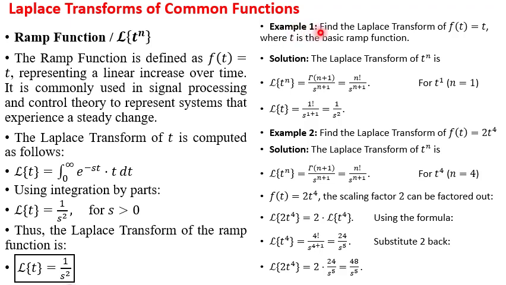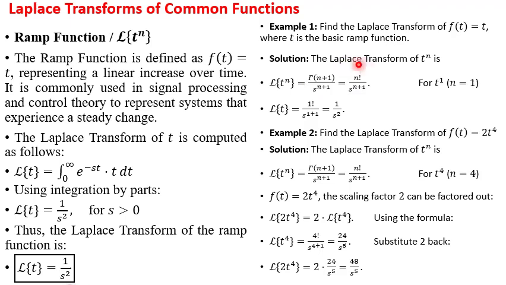this example basically relates to the ramp function. Find the Laplace transform of a function of t equals t. You see the question takes the form of a ramp function or the Laplace transform of t raised to power n, or the power of t.